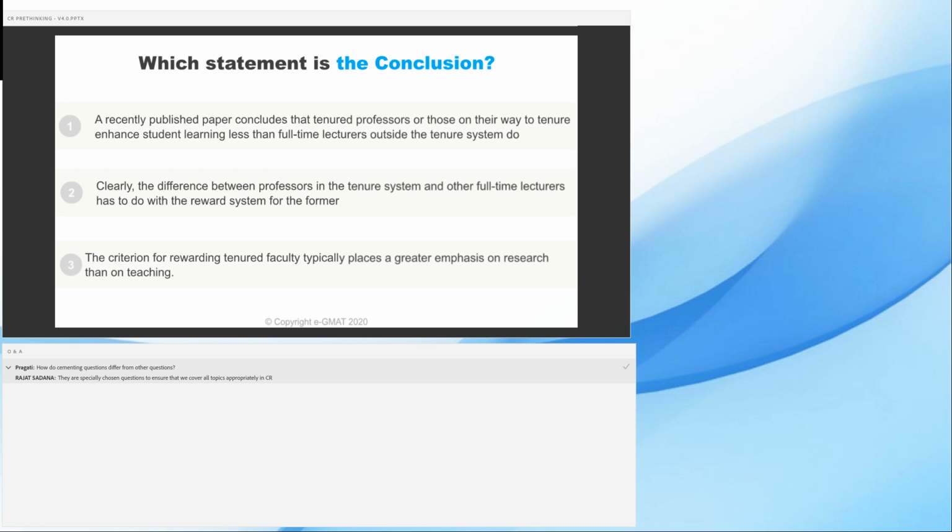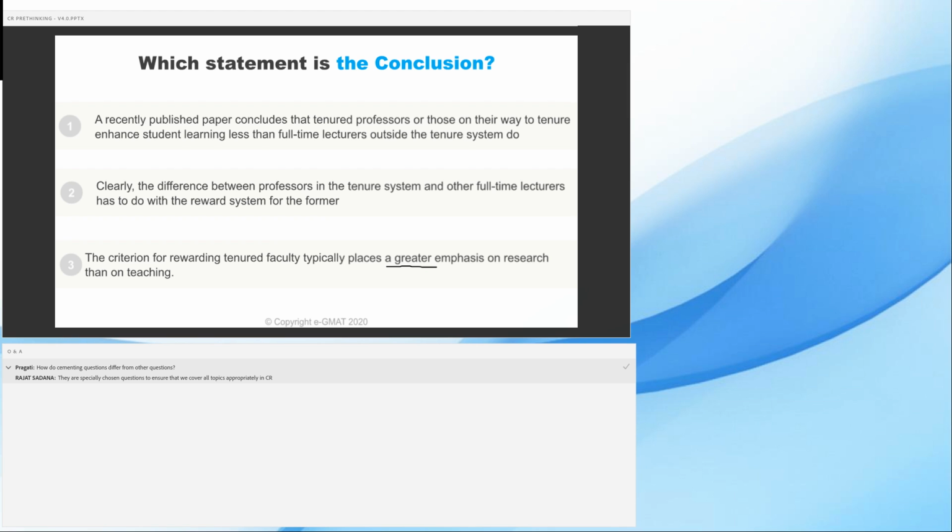So let's look at this. A lot of people think it's both because of this word greater that we see here. Now, remember, statement 3 just talks about tenured faculty. It says the criterion for rewarding tenured faculty places greater emphasis on research than on teaching.